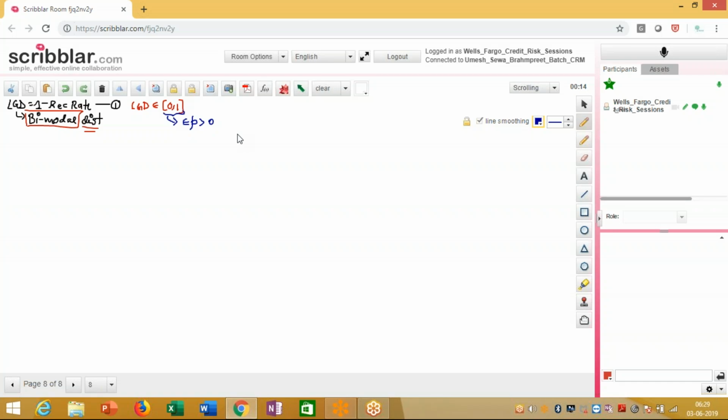So if I pick any value, let's say 0.5, and want to know the probability that I'll have an LGD of 0.5, there will be a probability corresponding to that 0.5. If I say LGD below this value, say less than or equal to 0.6, what is the probability of getting an LGD less than or equal to 0.6?